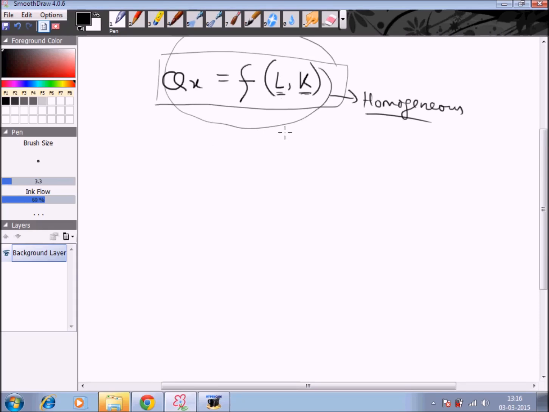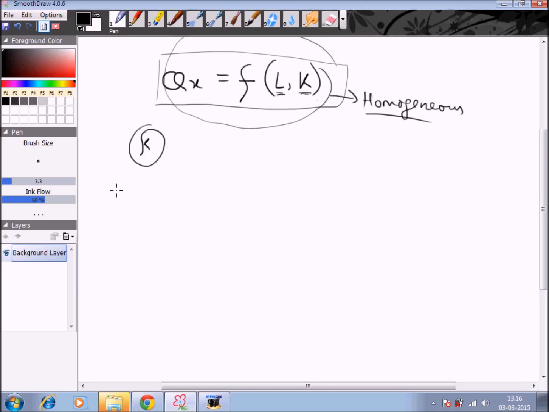Now suppose all the inputs increase in the same proportion, and that proportion is a small k, and if the output also increases in the same proportion, that is k, this particular production function is said to be homogeneous of degree 1.